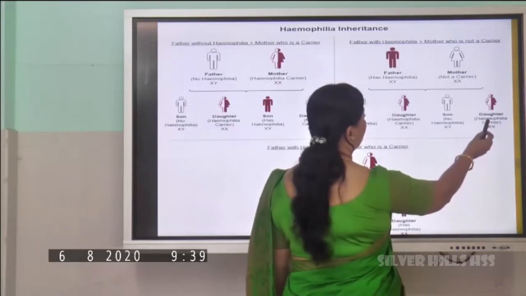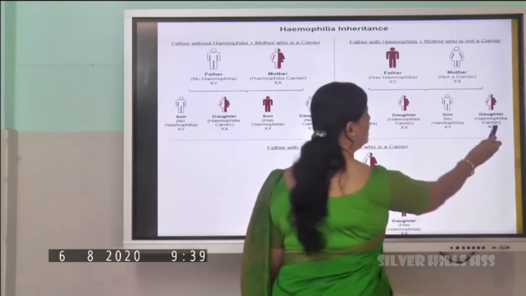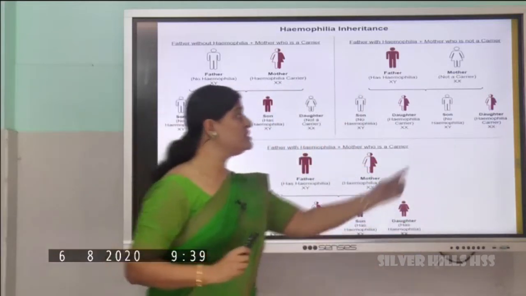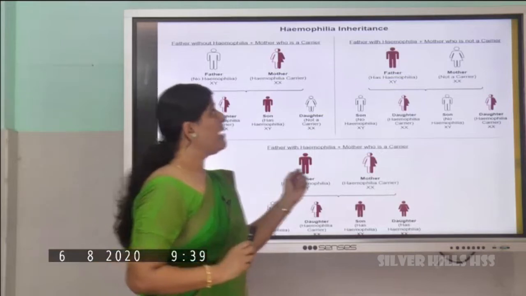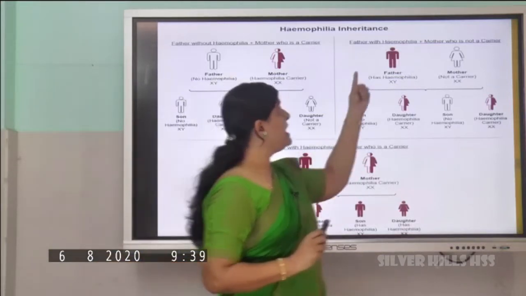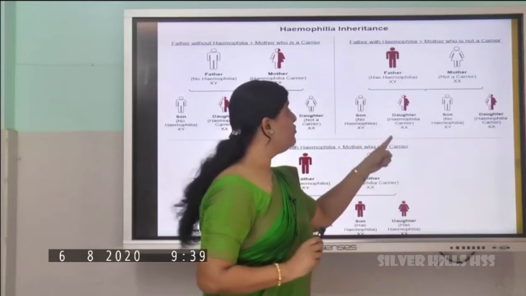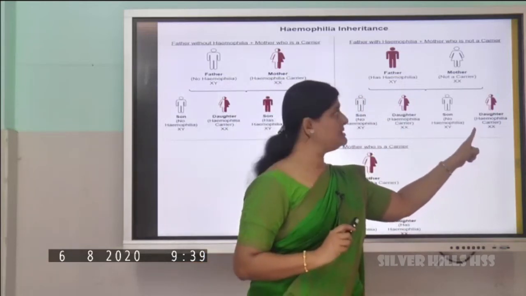This daughter has got 1 X from mother and from father, defective X. So this daughter is going to be a carrier. So this is what happens when father is hemophilic. So we can understand that if father has hemophilia, there are chances of the daughter becoming carriers, right?